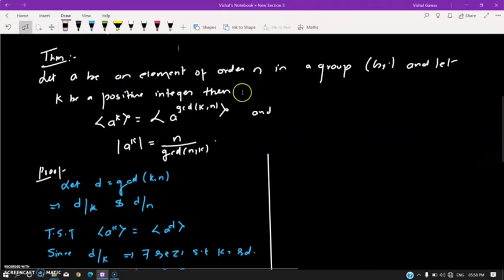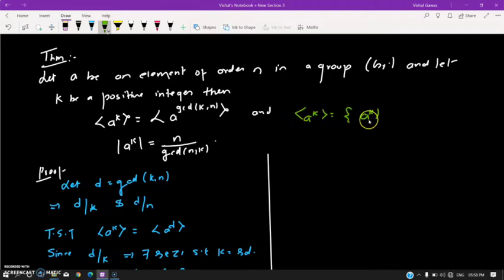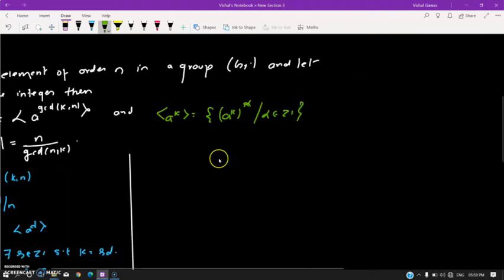Now we need to remember one thing first: what do we mean by the subgroup generated by a raised to k? This would be the set of all a raised to k to the power alpha, where alpha belongs to Z. So it's the set of all powers of a raised to k.